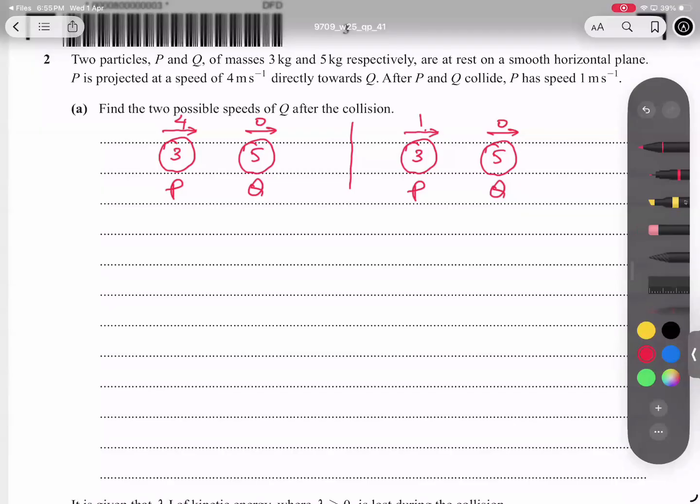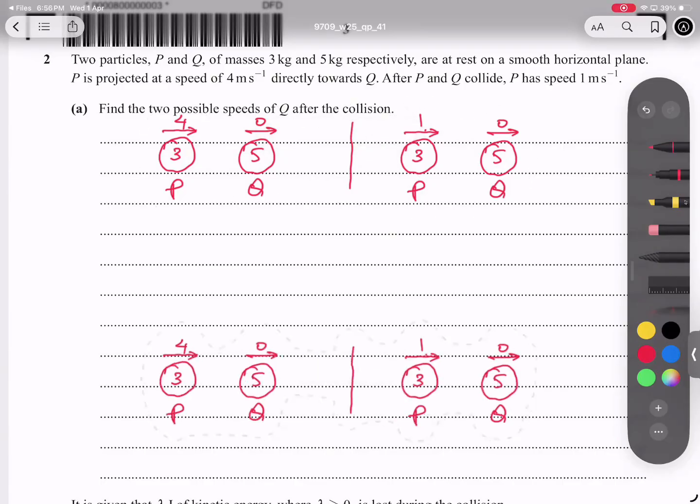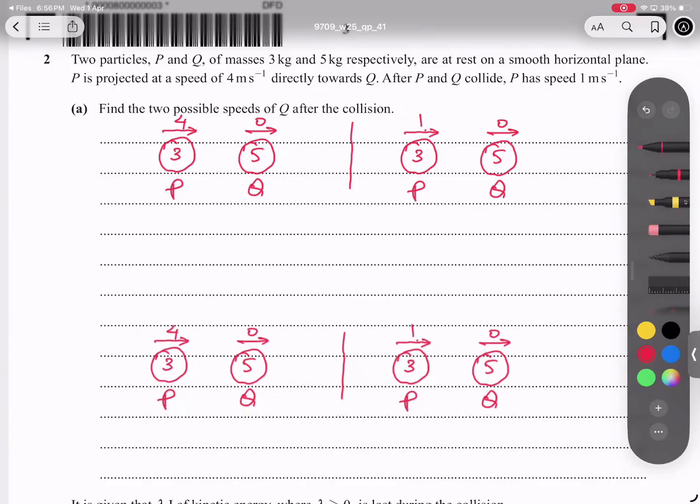Now we have two possibilities. One possibility is the same direction, and the other I'm going to show you, because he said two possibilities. You know it very well, students: when a lighter particle hits a heavy particle, sometimes it comes back. So this one will come back. That is the second possibility.